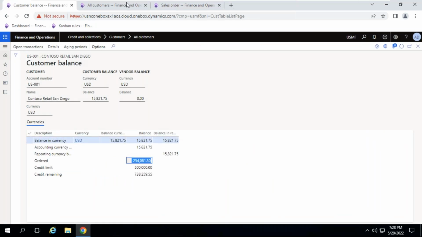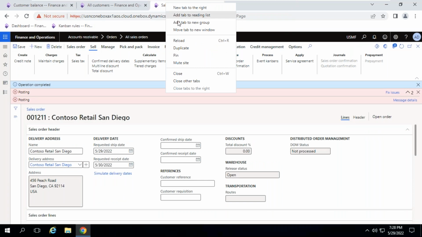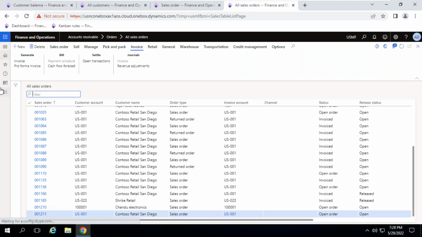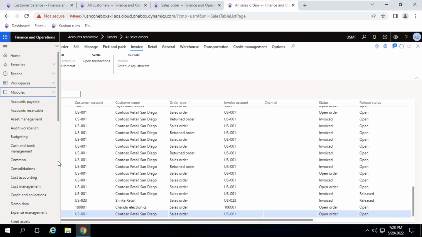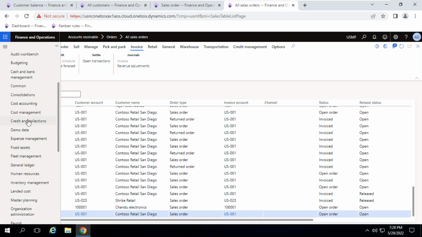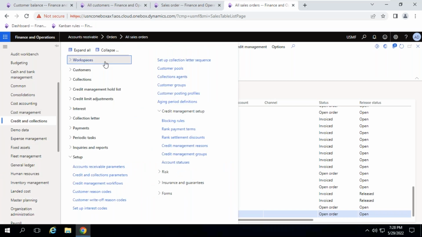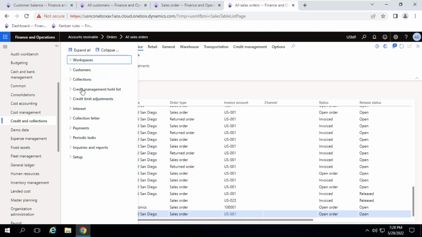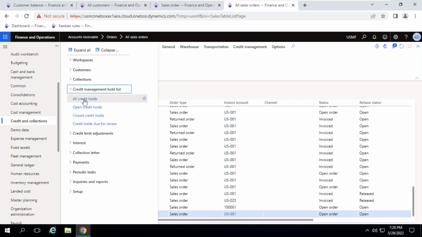Actually, for this customer, in credit and collections, collapse all. It is the credit management hold list.